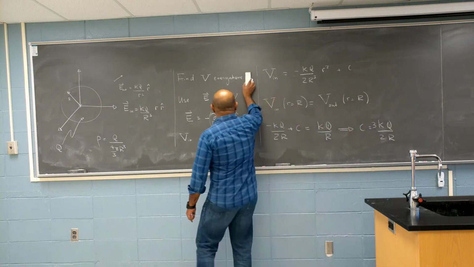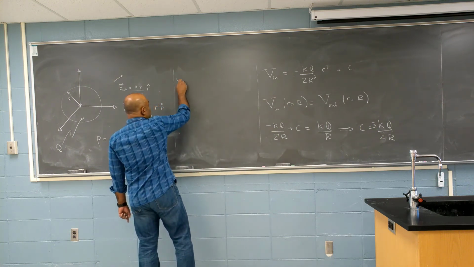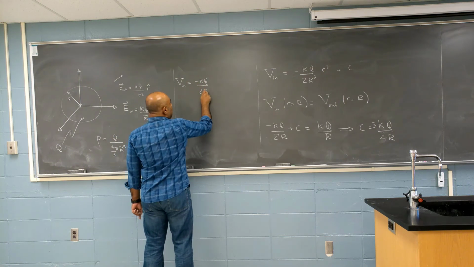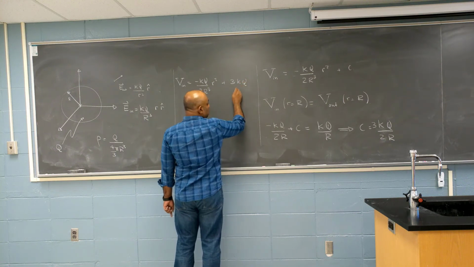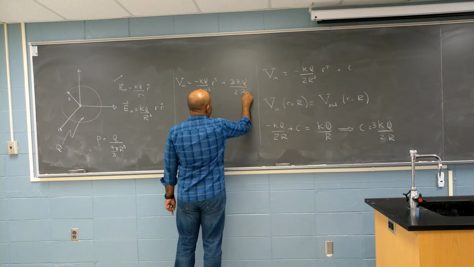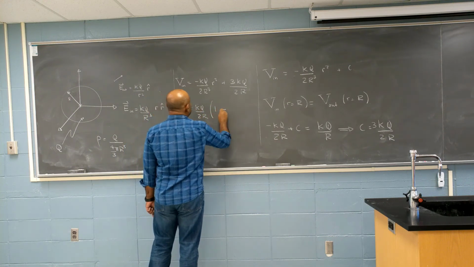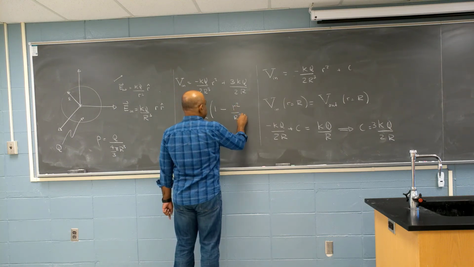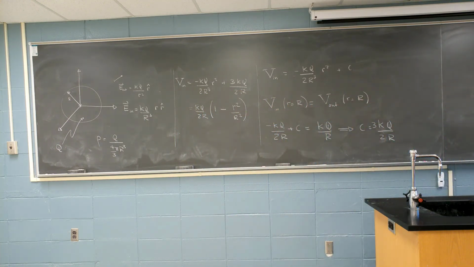And so, the electric potential inside is minus KQ over 2R cubed r squared plus 3KQ over 2R, which is often written as KQ over 2R times 3 minus... let me make sure I haven't made any algebraic errors. Nope.